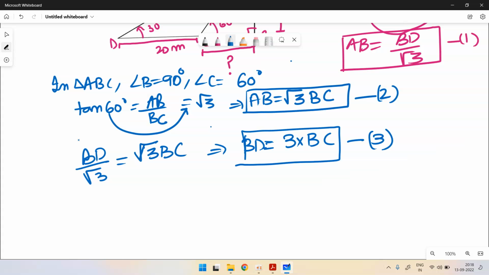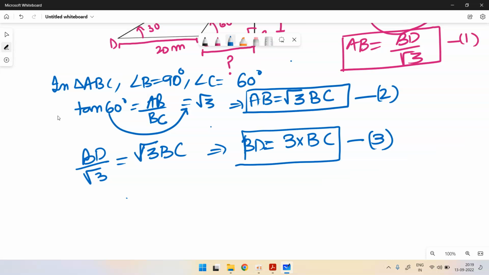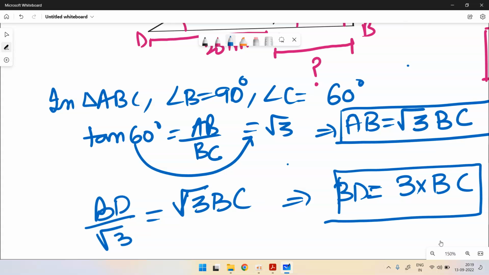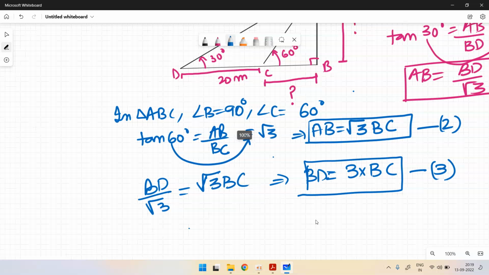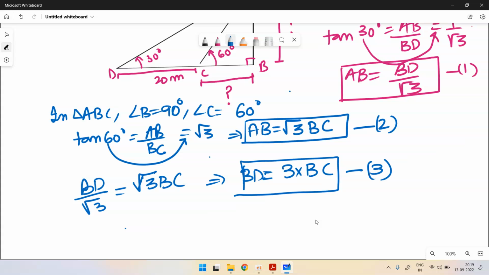Now from the figure you can see that BD minus BC equals DC.